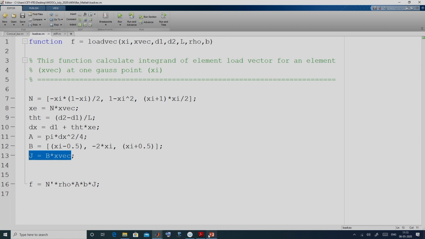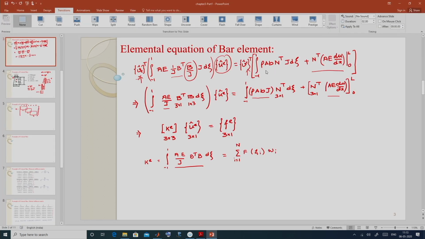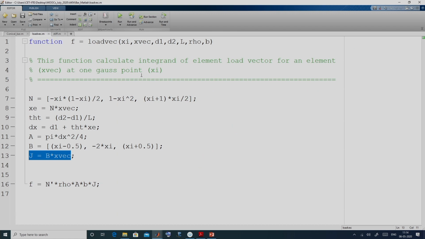So, this is nothing but this integrand at the Gauss point. So, this function returns that integrand of the first part of the load vector at one Gauss point for a particular element.